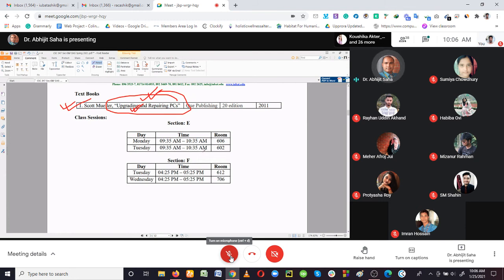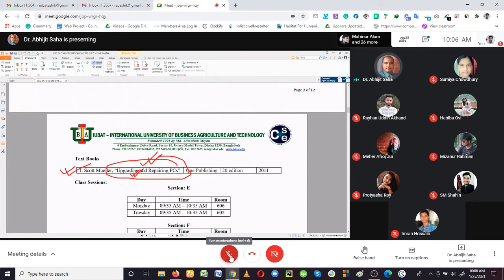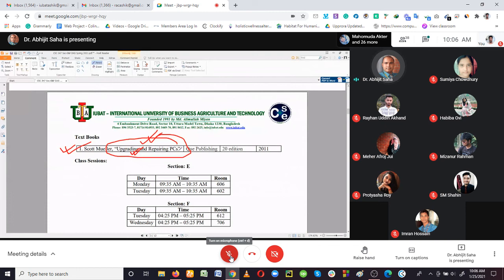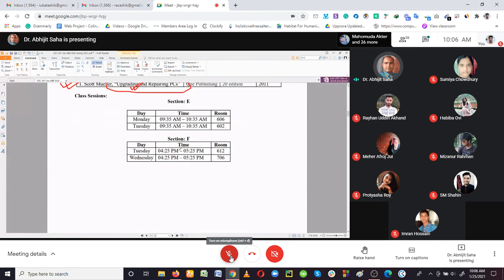Whatever you're looking for, you're going to get a lot of information from Google, web blogs, and maybe some YouTube videos. So whatever you're not understanding, you can search on the internet and get the detailed information you're looking for.